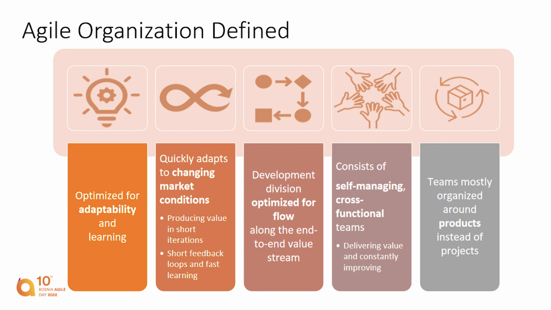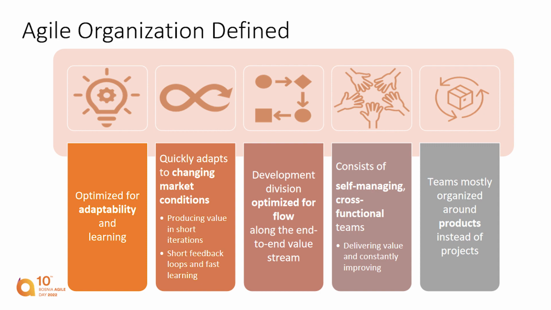So they are able to quickly adapt to the changing circumstances on the market. They usually have an optimized value stream and consist of different teams which are cross-functional, self-managing, and the teams are usually organized around products instead of projects.